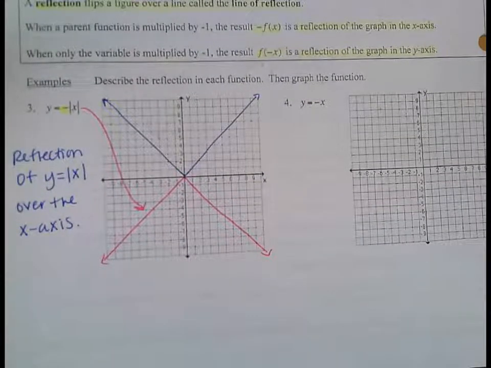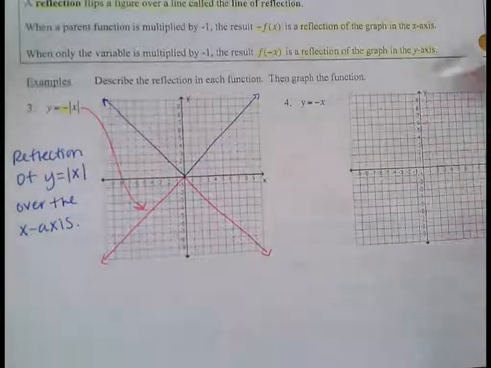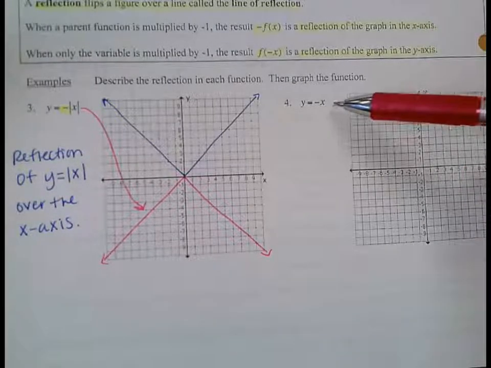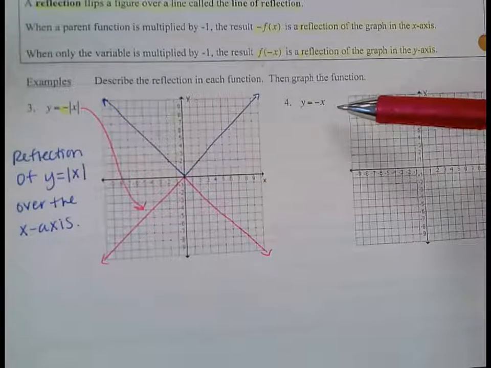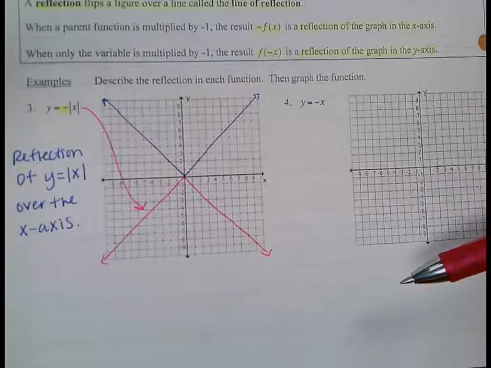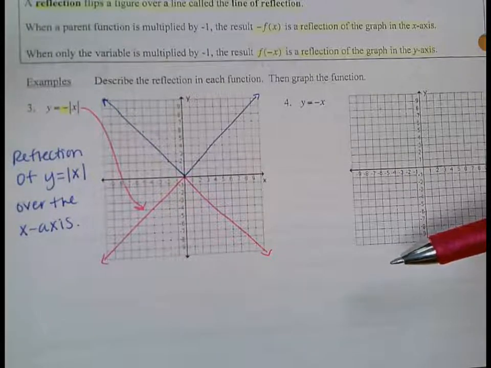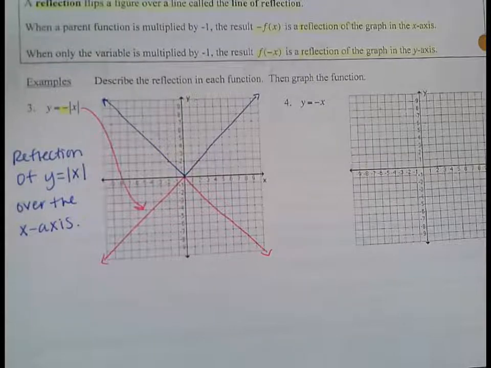All right, and then number 4, this is y equals negative x. So first of all, what type of function is this? Linear or quadratic? Is it going to be a line or a parabola?